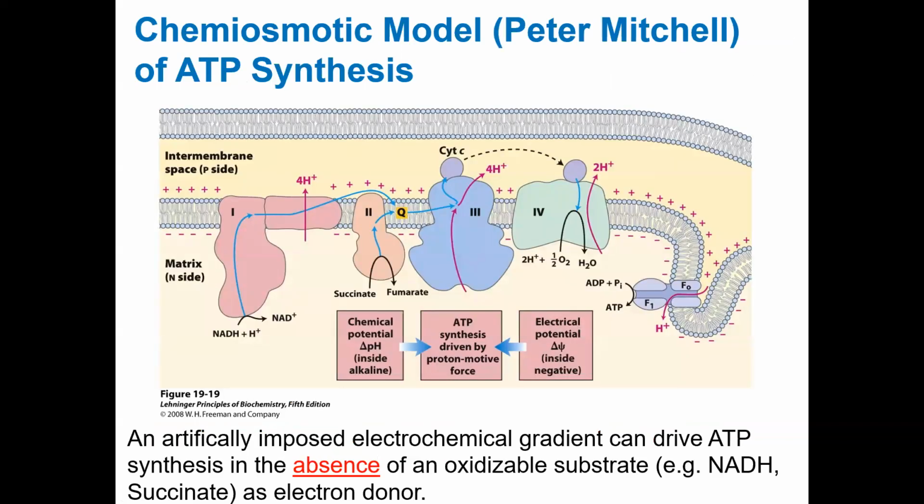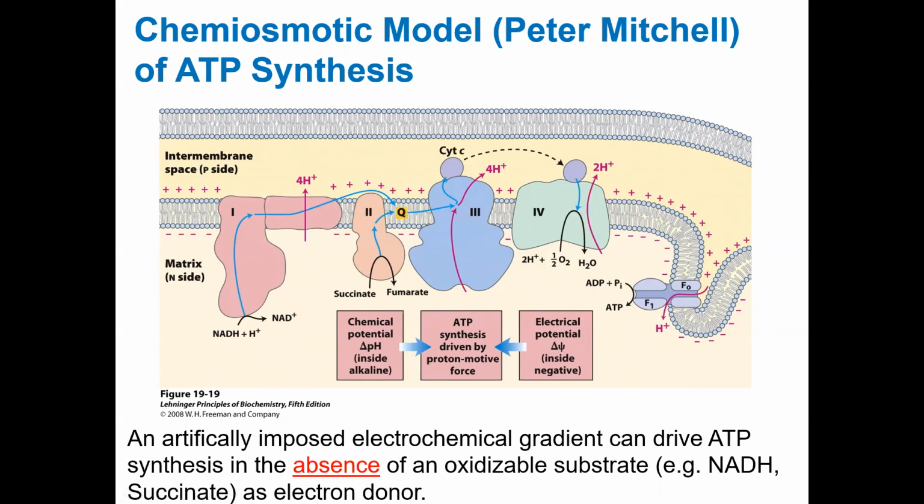Okay, so going back to Peter Mitchell, the osmotic theory of ATP synthesis is that, this is shown here in this figure, okay? So you can see that electrons from NADH or any other oxidizable substrates, right, pass through a chain of carriers that are embedded into the inner mitochondrial membrane in a very asymmetric fashion.